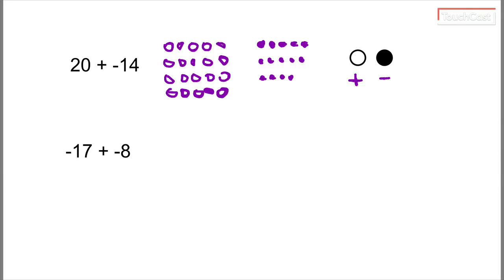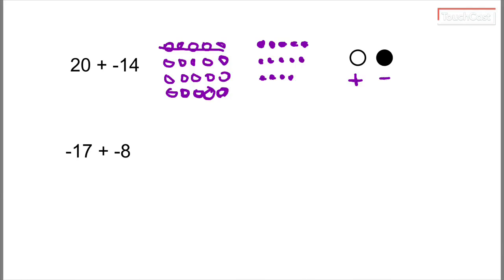Since we have positive and negative circles, we can create our zero pairs, cancel some things out, and our result will tell us the answer.